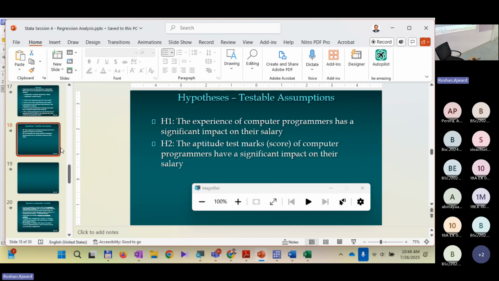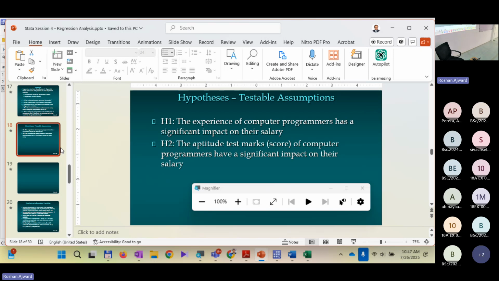You can say either positive or negative, that's fine. So you can see much better now, H1 and H2.